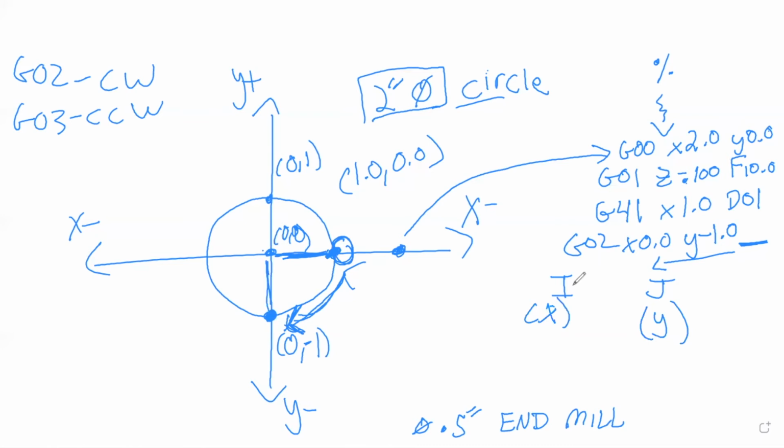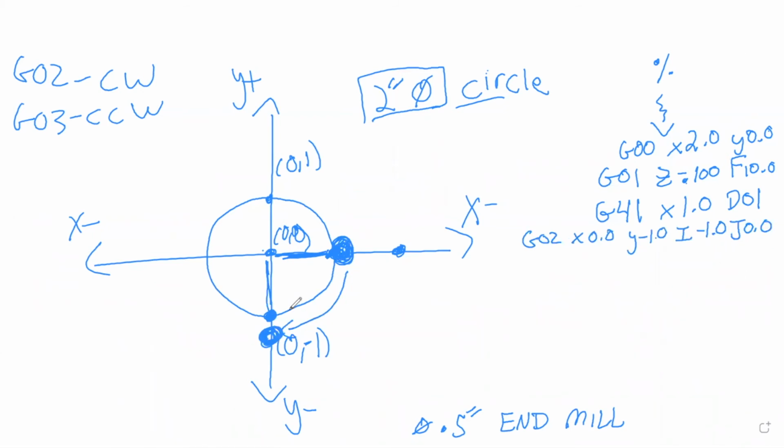So this would be -1. Are we moving anywhere on the Y-axis? We are not. So this would be J0.0. So since we have created this arc, we now have to move to this point over here. So our tool is going to swing cutter comp left to this location here. And we program to our end spot.